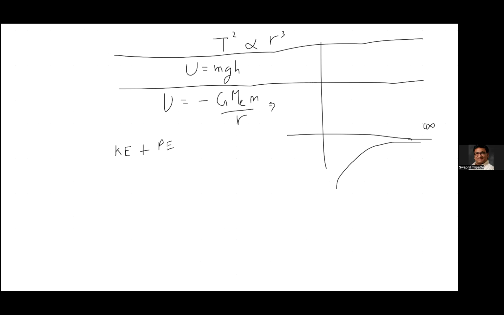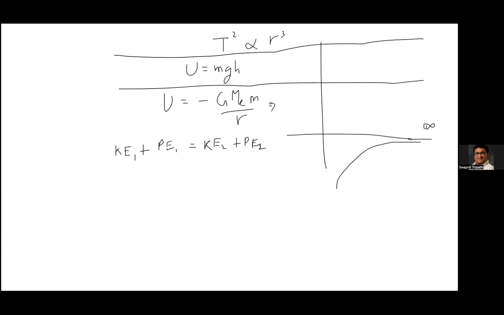Ke1 plus Pe1 is equal to Ke2 plus Pe2. So we will do it that way, except that in this case, the potential energy will be negative. The expression for the potential energy that you will write will be negative GMeM over r. Right?